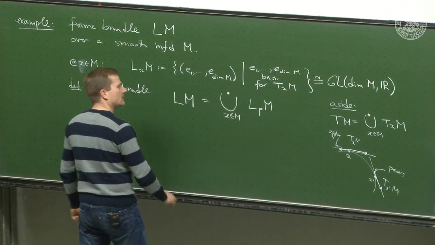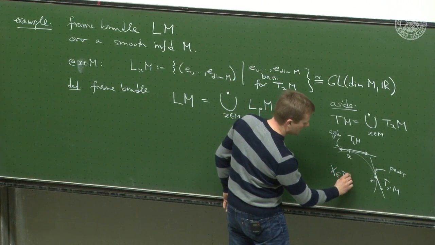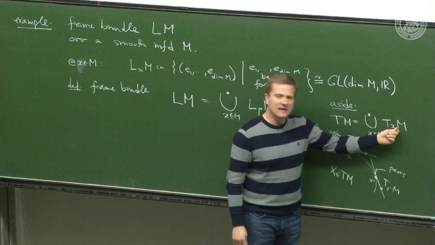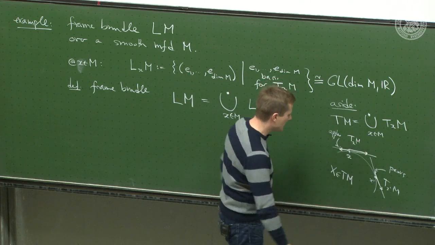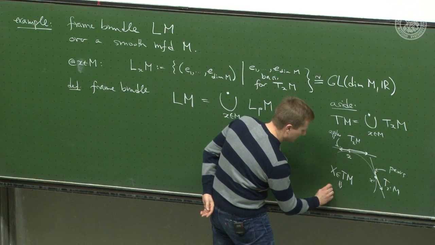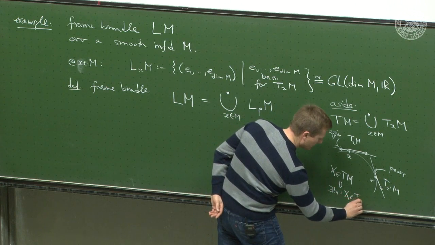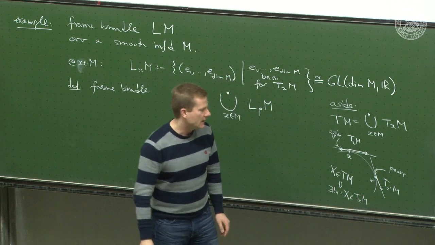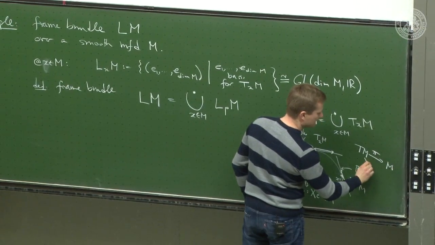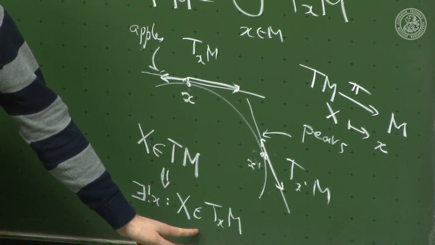So that means if I take an element X from the tangent bundle, it is a vector, but nevertheless, I always know that there exists a unique x such that X comes from T_xM, and hence I can define a projection map that takes an X and assigns to it the small x, which is the base point where it comes from.